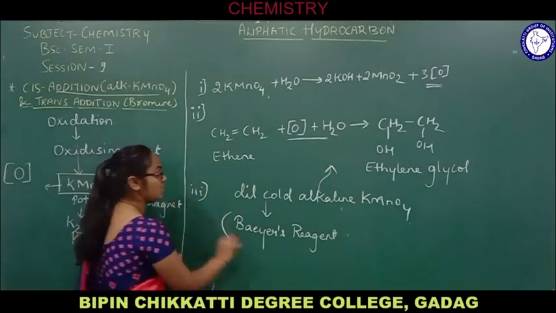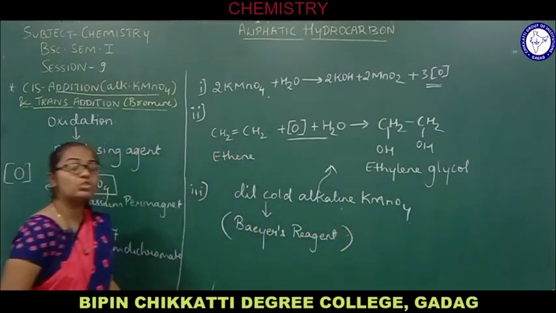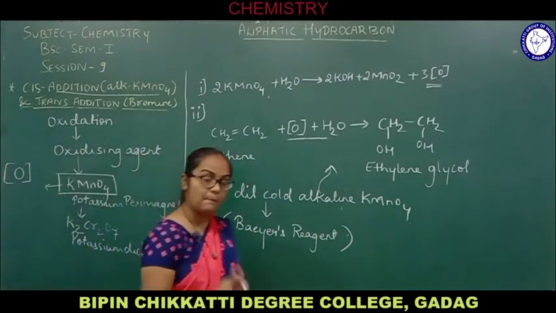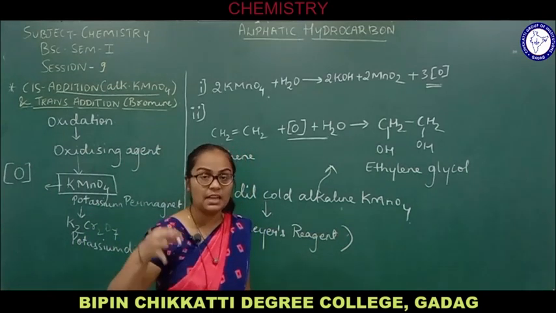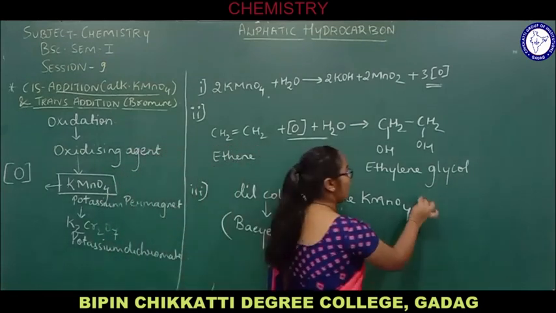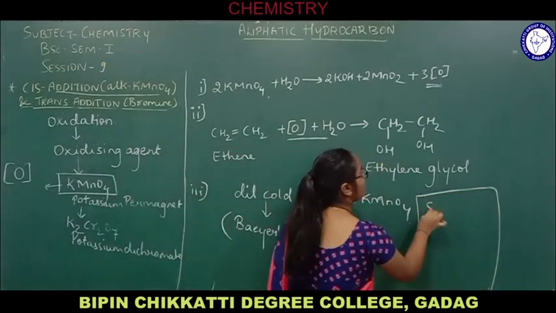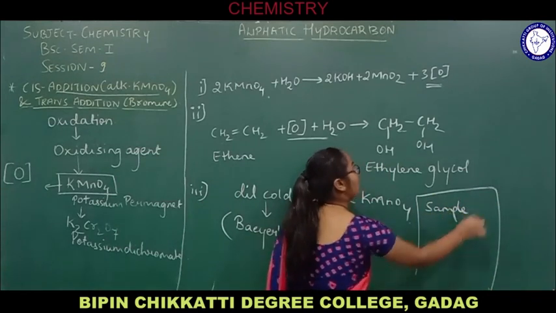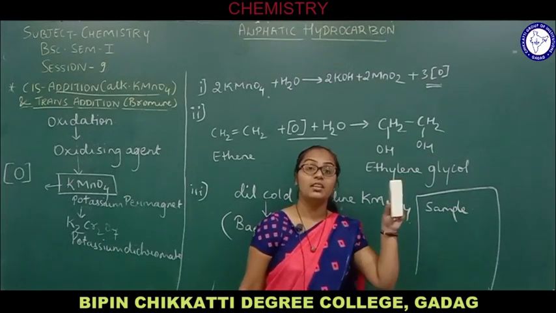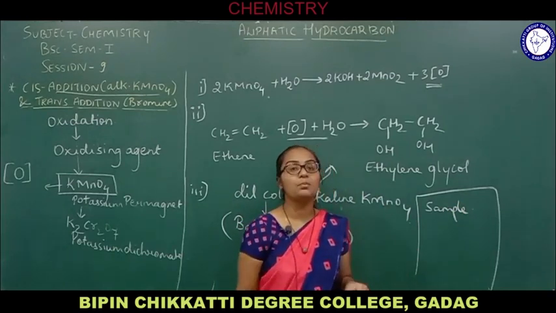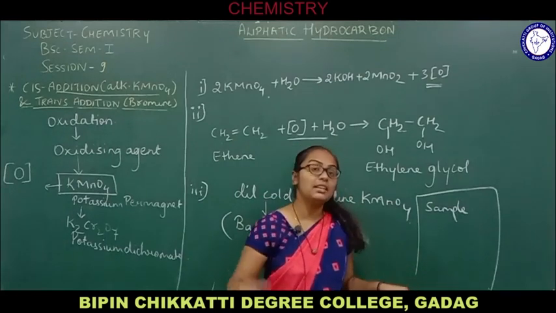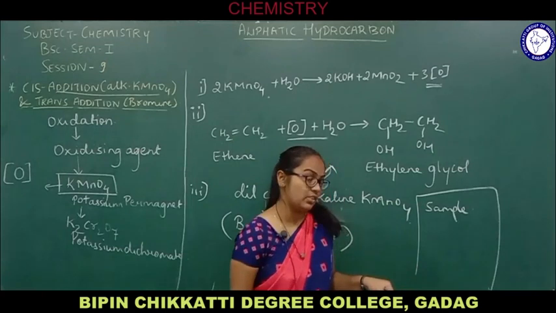Now this reagent plays a most vital role in detecting whether a particular sample contains any unsaturated carbon atoms. I repeat once again, if anybody gave you a sample and I want to detect whether that sample contains any unsaturated group, basically I'll focus only on the alkene, the unsaturated groups.